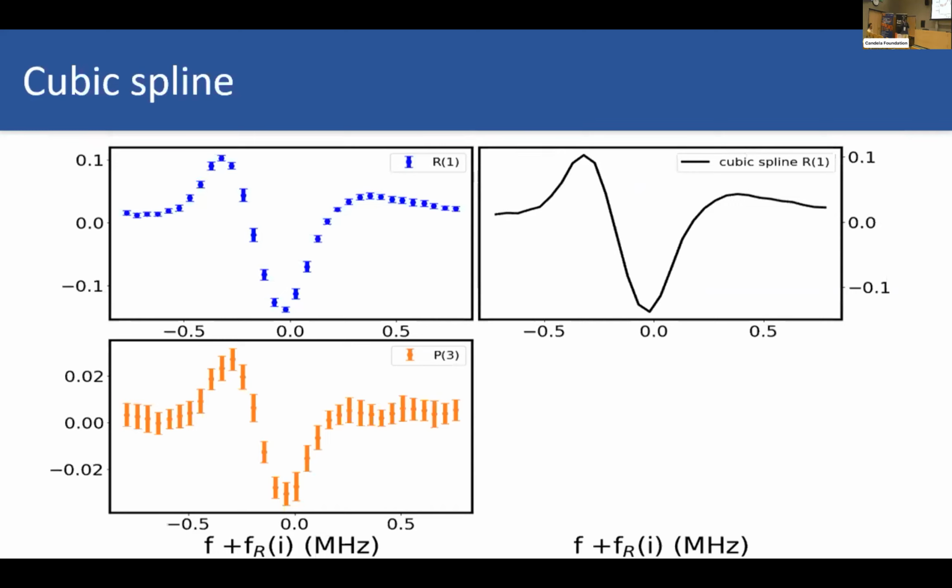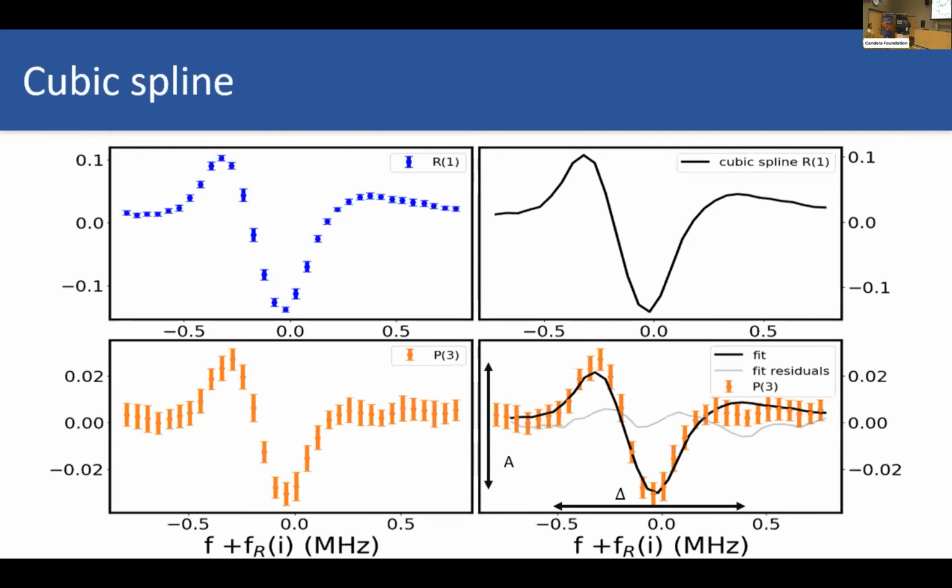From this cubic spline interpolation, we get a set of parameters that are now fixed. They don't move at all. We only have 2 degrees of freedom for this last fitting, which is basically just the amplitude and the delta, the lag we call it, or the position with respect to the R1. From this, you can clearly see that the fit is pretty good, and you have this residual right here, and we can also extract a certain uncertainty.